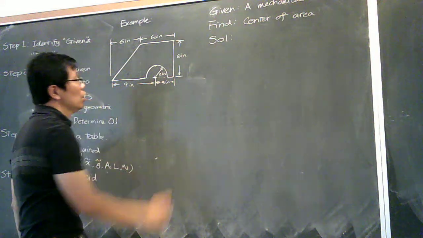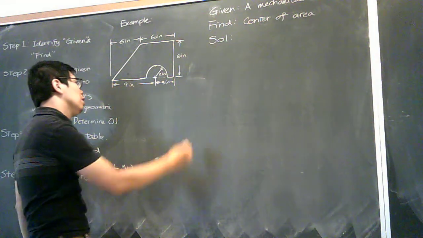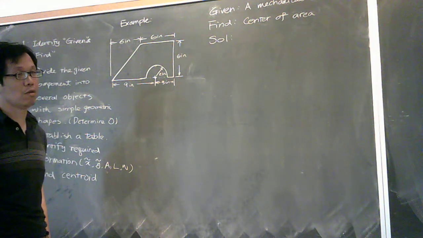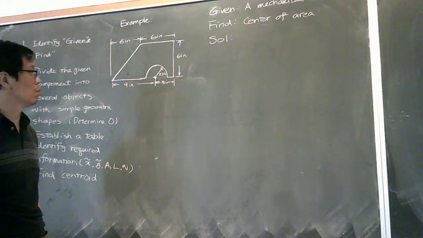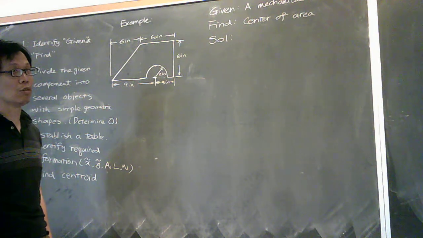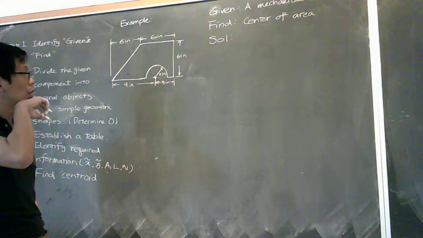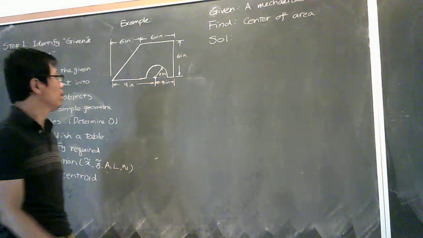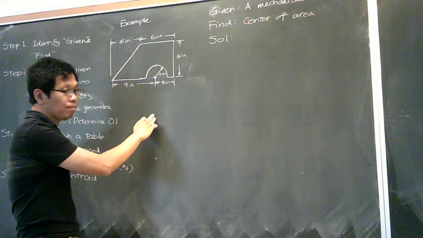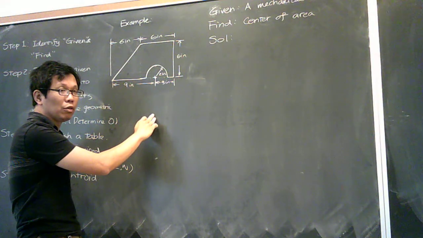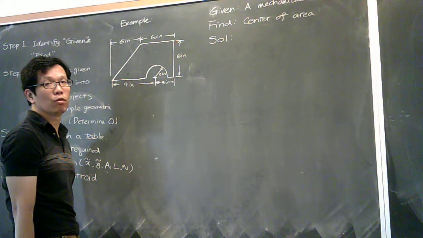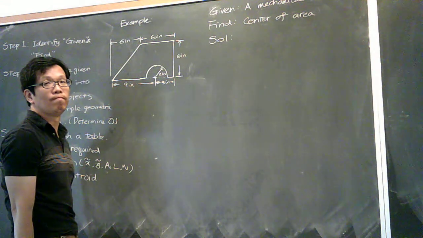That's the only reason. But in this case, if you want to say this is my 0, 0, that's also fine, because I cannot say your answer is wrong. It just makes your numerical calculation a little bit different from the results of other students, but that's also fine. Over here, how many pieces are we going to divide this component? 1, 2, 3. 3.